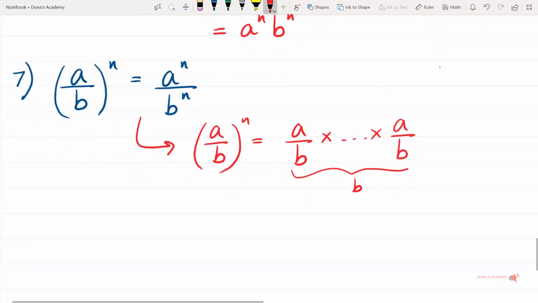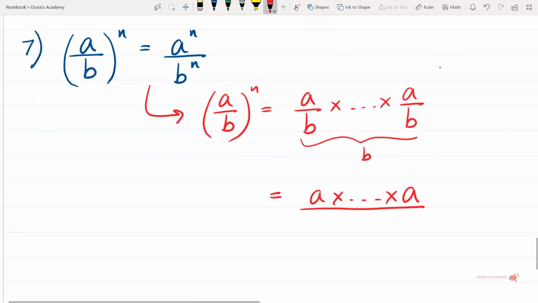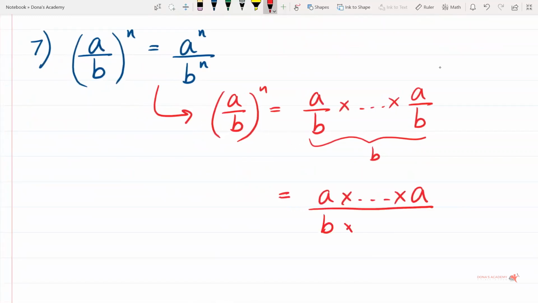Now this is the same as a multiplied by itself n times divided by b multiplied by itself n times. Here I have n, again I have n, and this is the same as a to the power n divided by b to the power n.